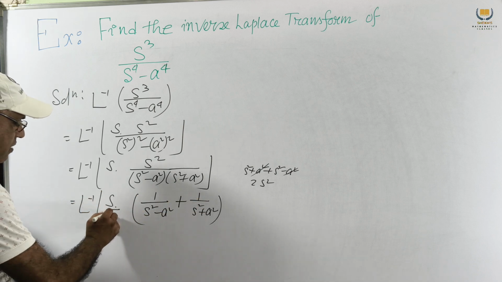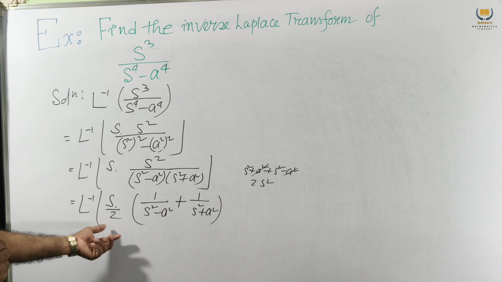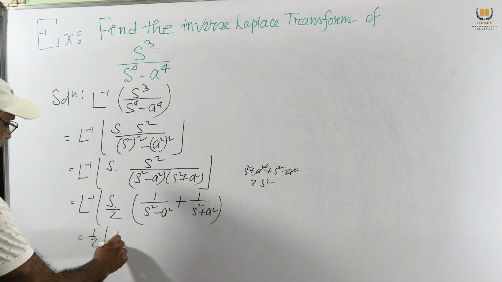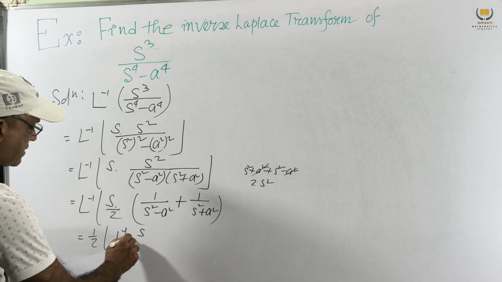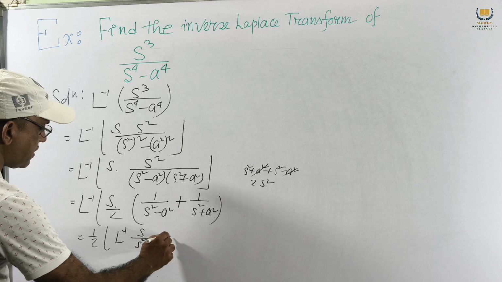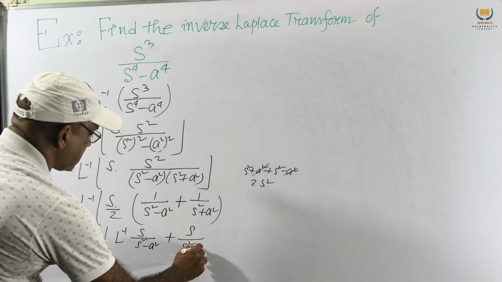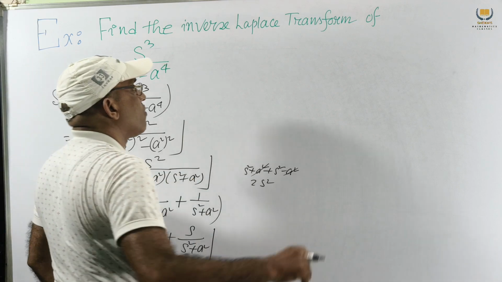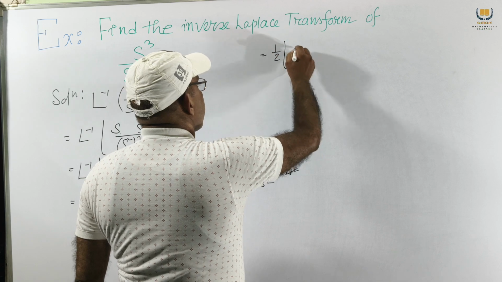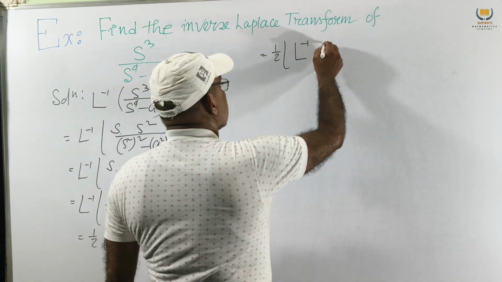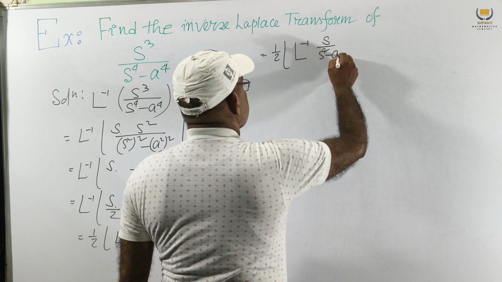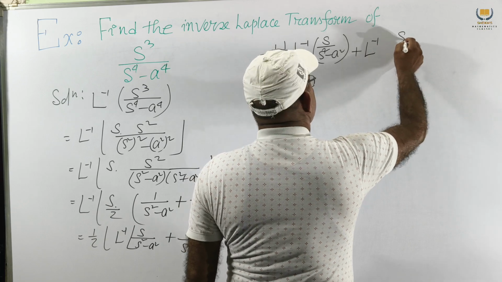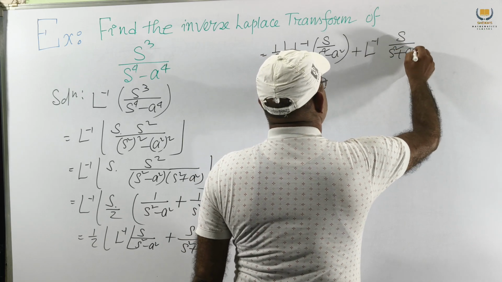Then we write 1 by 2 outside. So this will be 1 by 2 outside, then L inverse multiplying by s by s square minus a square, plus s by s square plus a square. Now 1 by 2 remains the same, L inverse s by s square minus a square plus L inverse s by s square plus a square.